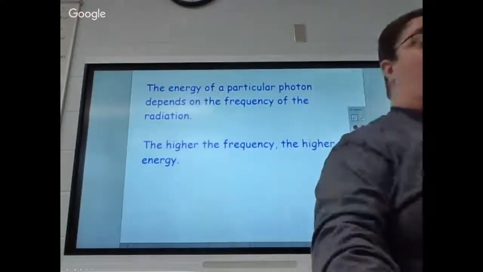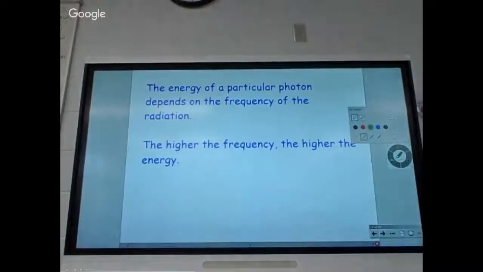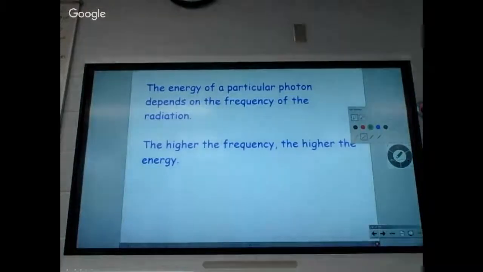If you have low frequency, you have low what? Energy. Are you going to have enough energy to eject the electron? No, probably not. Okay? So the higher the frequency, the higher the energy. You have to have enough energy to eject the electron.